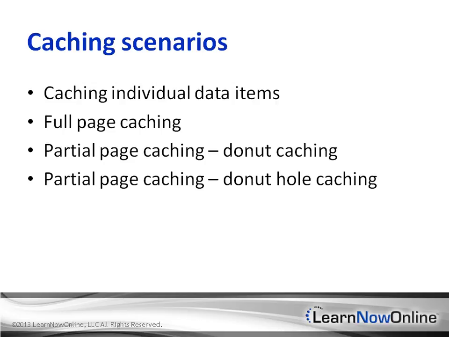And then the fourth scenario is another version of partial page caching called donut hole caching. This is where you cache one or more small parts of the page, but not the page in its entirety. So donut hole caching is the inverse of donut caching. Fortunately, MVC supports this scenario natively, making it very easy to do, as I'll be showing you.